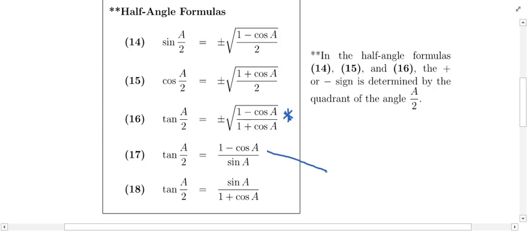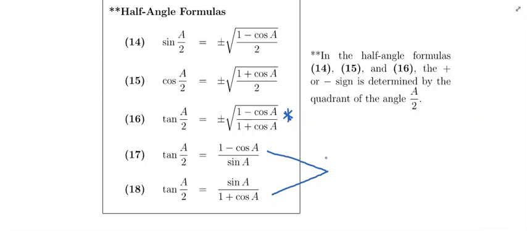If you notice, these last two do not have the plus or minus, and they don't have the square root. So these two are preferable to use because you don't have to deal with the complicated formula. Go that route if you can.